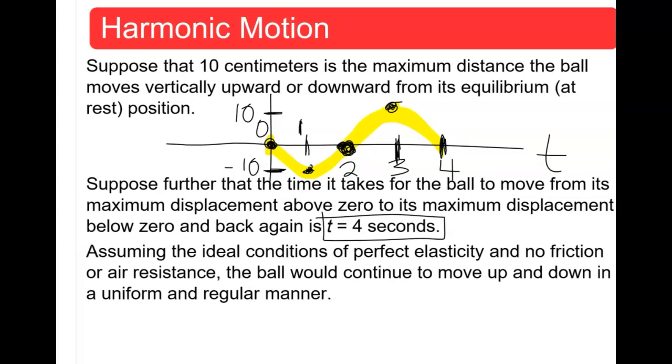So, this is all assuming the ideal conditions of perfect elasticity and no friction or air resistance. So the ball that is attached to the spring will be making that pattern going up, down, and then up, and then down and up, and so on, in a uniform and regular manner.